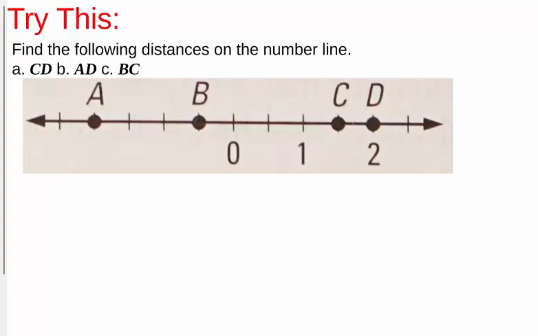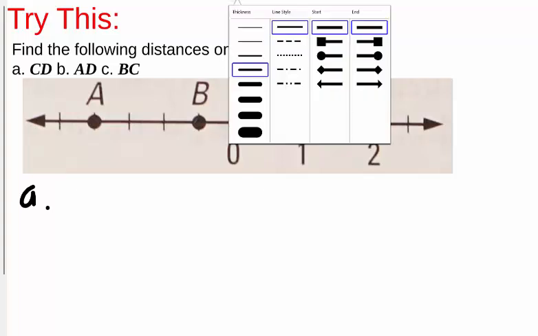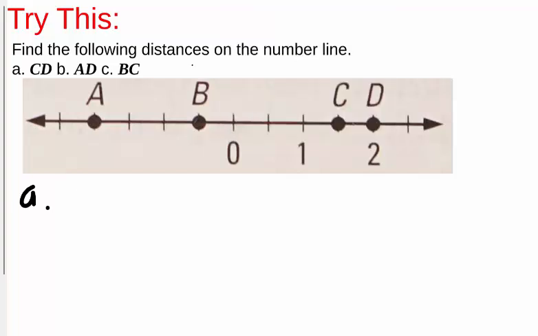Okay, you've had time to pause the video and work it, so here we go. For letter A. So we said CD. So if we look, each line, well, between 0 and 1, there's one line. So this must be 1/2. Each goes up by 1/2. So this is 1/2, or we could say 1.5. We might want to use decimals.